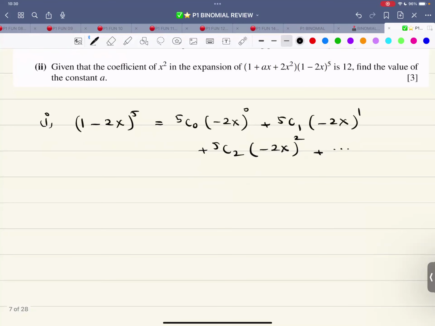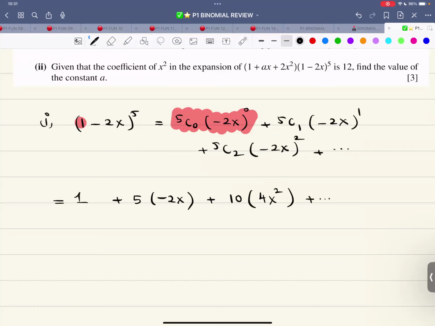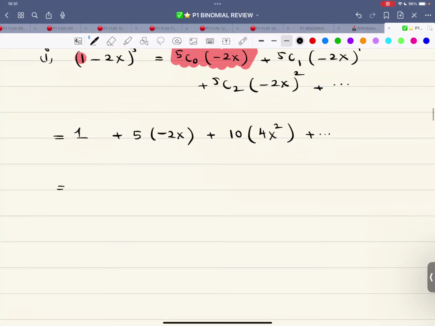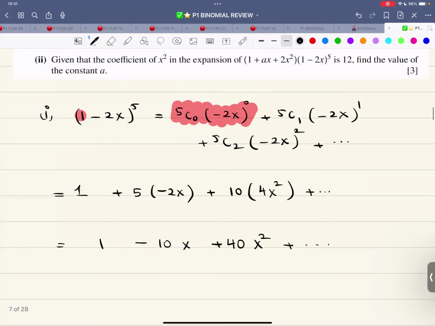When this expansion starts with 1, the first term always becomes 1. 5C1 is 5, negative 2x power 1 is negative 2x. 5C2 is 10, negative 2x whole square is 4x square, and so on. This is 1 minus 10x plus 40x square, and write a plus sign and 3 dots to signify that yes, there are more terms, but we are just dealing with the first 3.